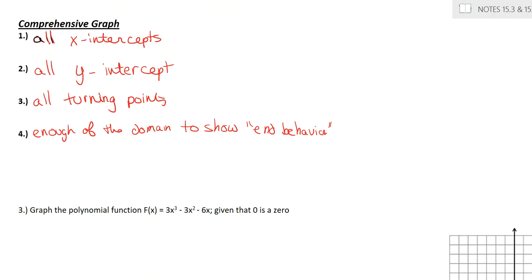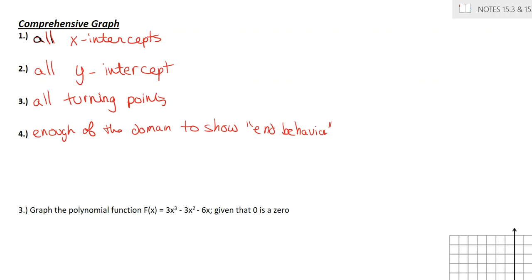We're going to start actually sketching our own graphs of these polynomials. And in order to make a comprehensive graph, I'm going to be checking for 4 things. The first thing is we're going to check for all x-intercepts. So we're going to use some techniques that we saw in section 12.2, when we were trying to find the zeros of the graph. Those are the x-intercepts.